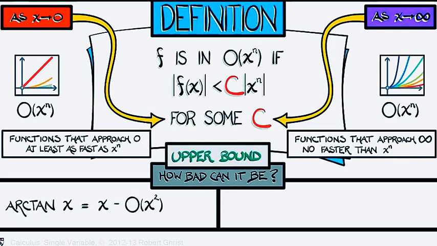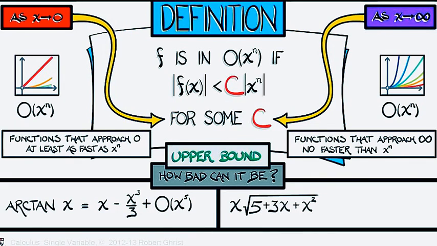Specifically, we could say big O of x squared. Or, more specifically, we could say big O of x cubed. That is a stronger statement. It allows us to be more precise. Or, if we want to expand further, we could say that arctan of x is x minus x cubed over 3 plus big O of x to the 5th.